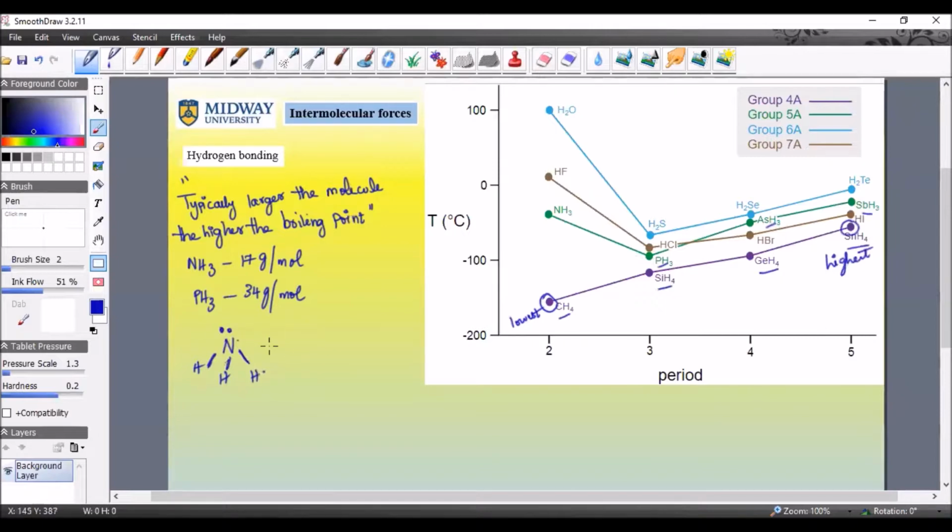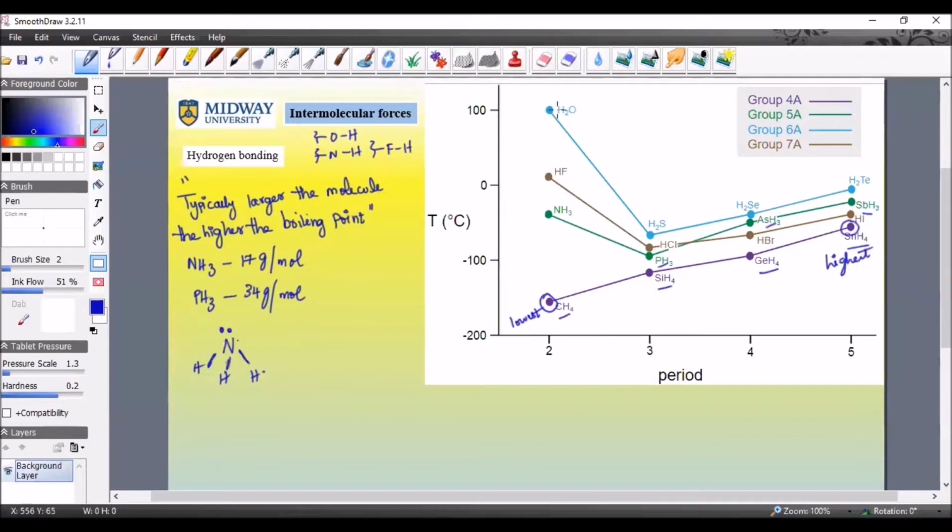That is not the case in phosphine, because like I said, for hydrogen bonding to happen, the oxygen must be attached to the hydrogen, the nitrogen must be attached to the hydrogen, or the fluorine must be directly attached to hydrogen. And you can see the same trend across the other groups, such as group 6 and 7.